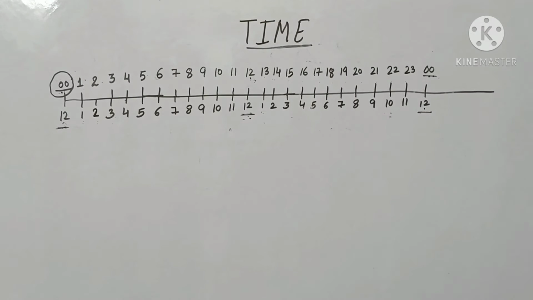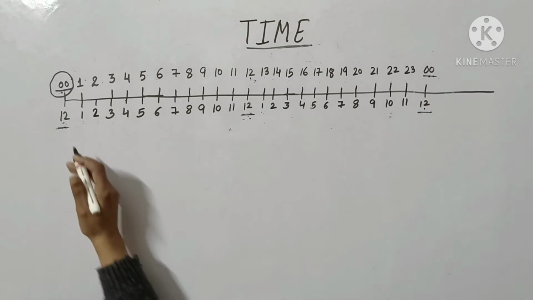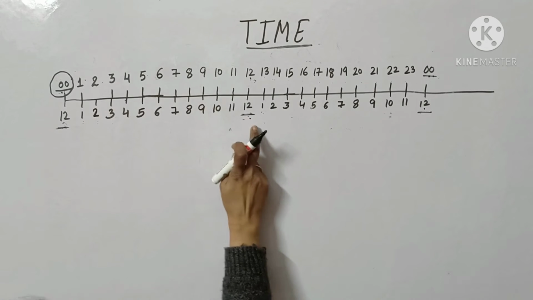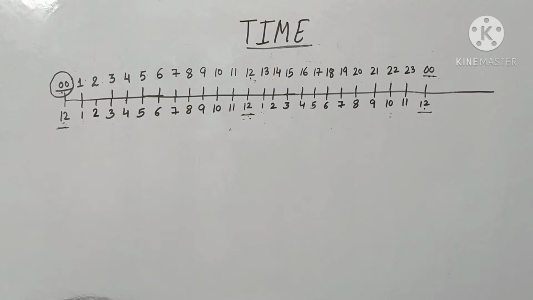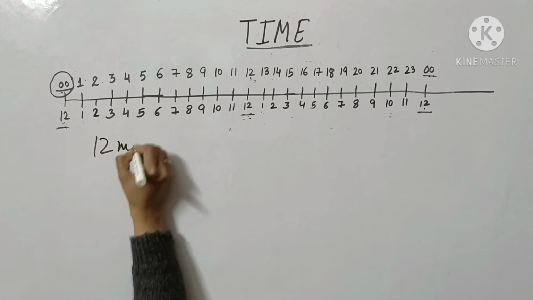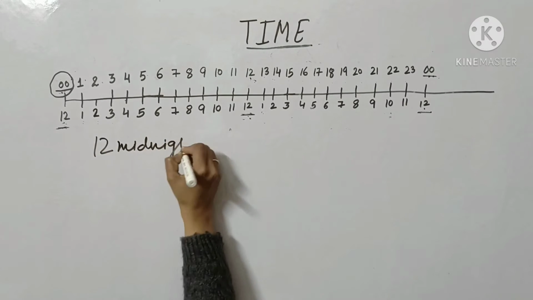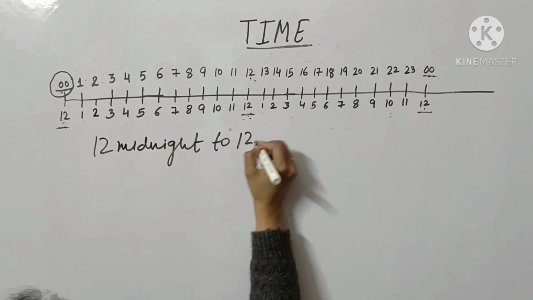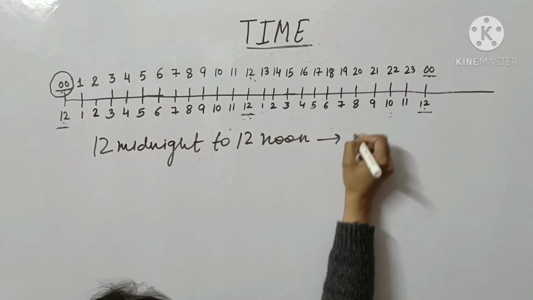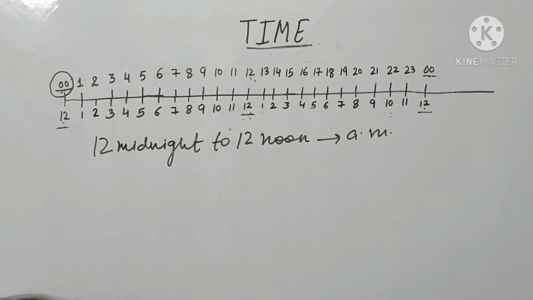Now, I told you that from 12 midnight to 12 noon, we write the time in AM, in 12-hour clock time.